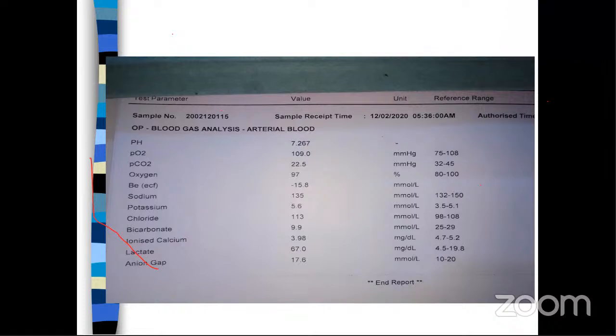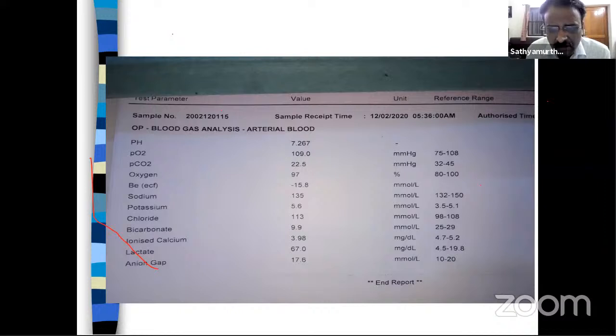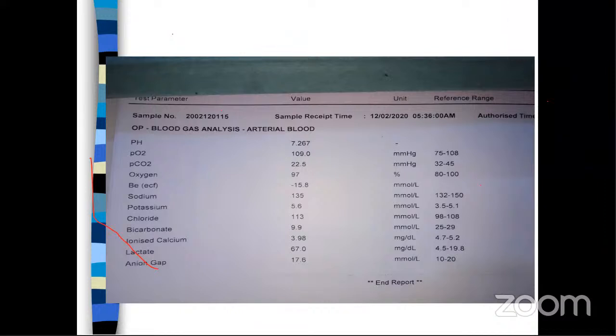Bicarbonate for both metabolic acidosis, and is there any role in severe respiratory acidosis? Sir, we do use it.